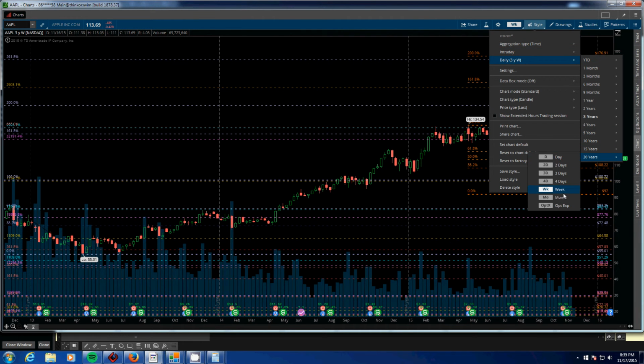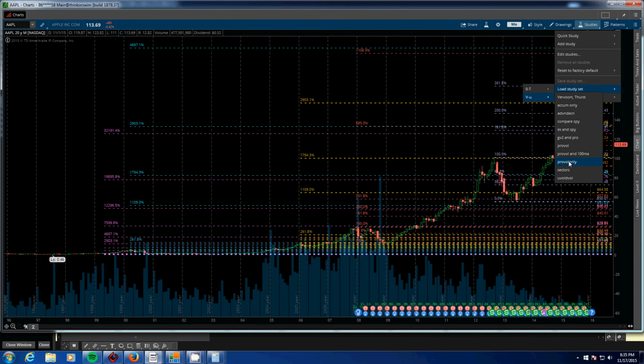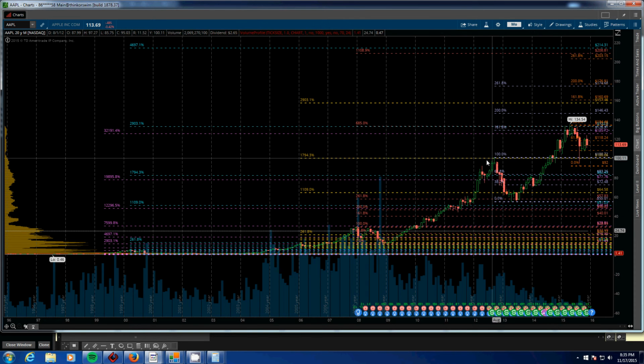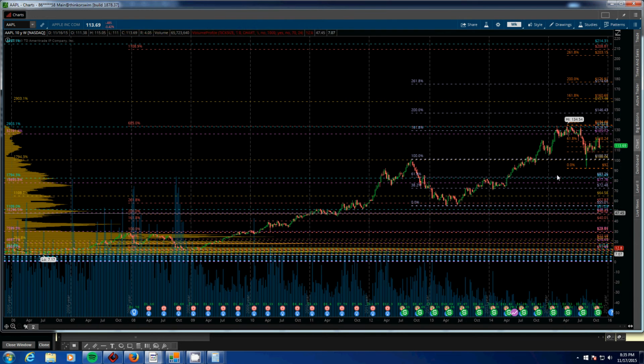One would want to look at the volume structure of Apple as well. We can see that on the 20-year, there's not much support up in this range. We can move out as far as the 10-year just to get a better idea. But really, Apple lacks volume all the way down here into the 100 area.